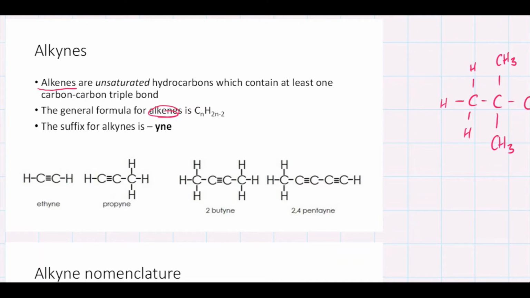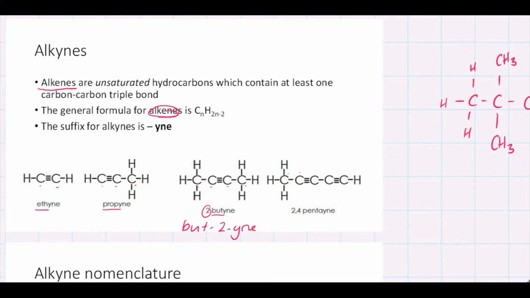And underneath here we have 4 examples of alkynes. Because there are 2 carbons, we have ethyne; 1, 2, 3 carbons, propyne; 1, 2, 3, 4 carbons, butyne. Again, this is correct, but I do prefer but-2-yne.